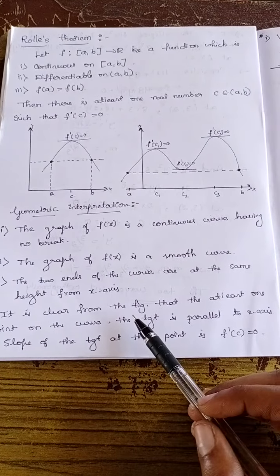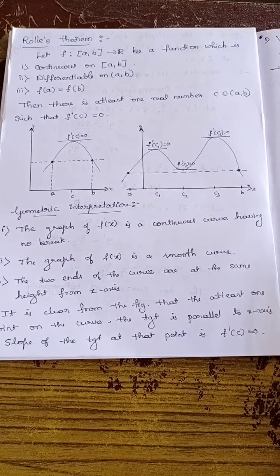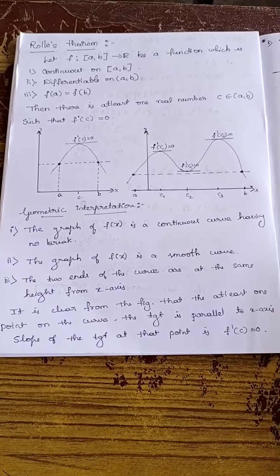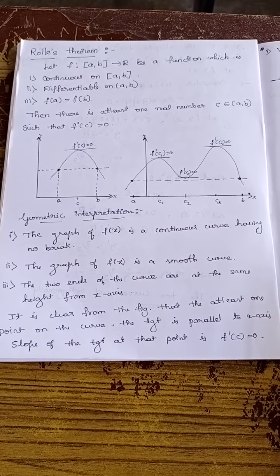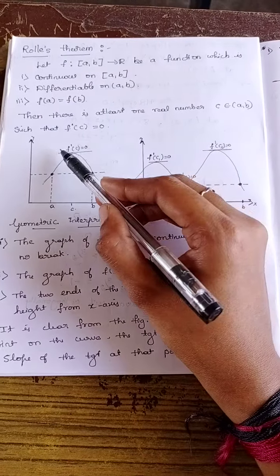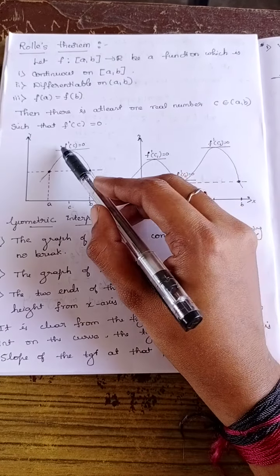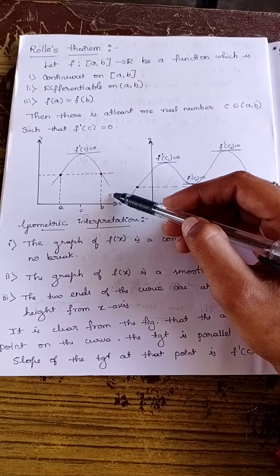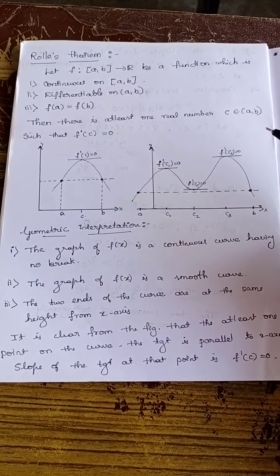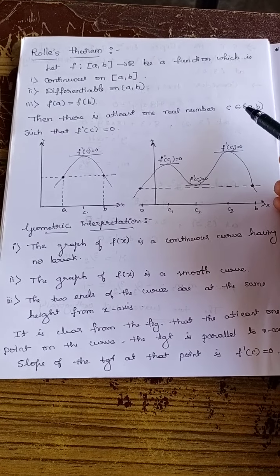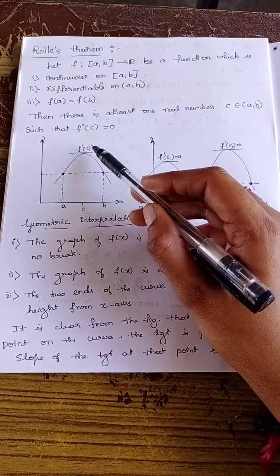Then it is clear from the figure that at at least one point on the curve, the tangent is parallel to the x-axis, that is, the slope of the tangent f dash of c is equal to 0. Here we can see at any one point the tangent is parallel to the x-axis. If the tangent is parallel to the x-axis, the slope of the tangent to the given curve is equal to 0. Therefore f dash of c is equal to 0.